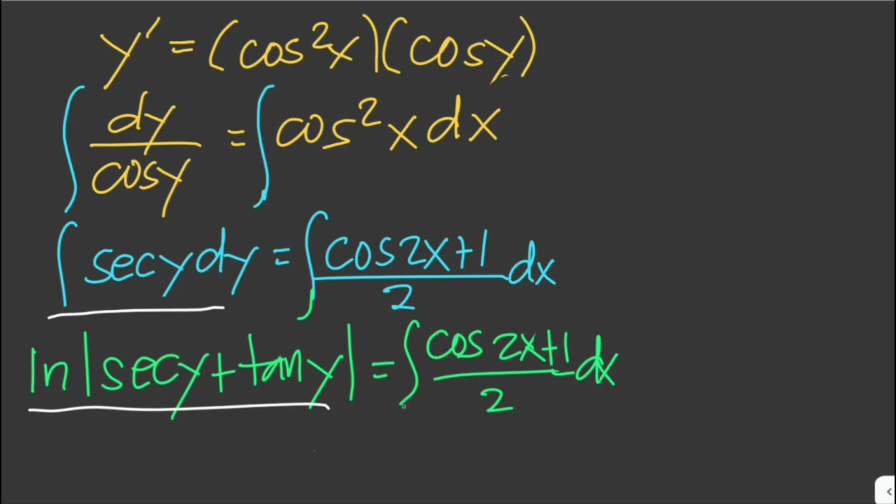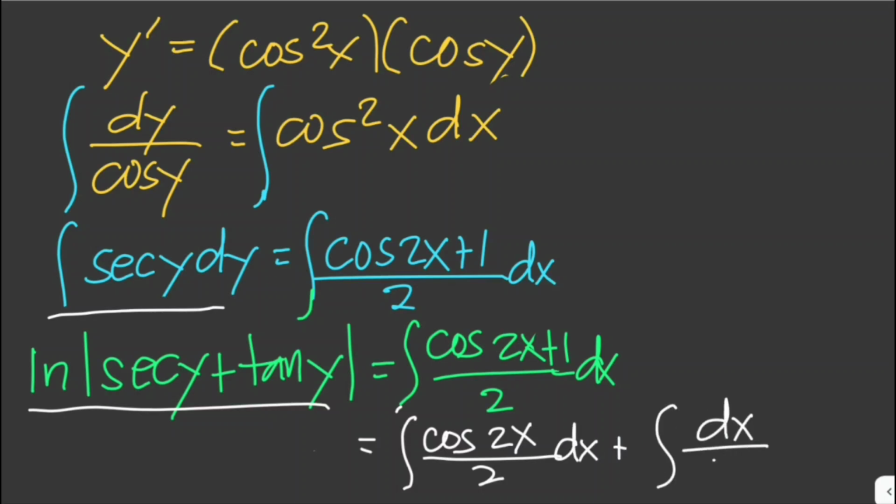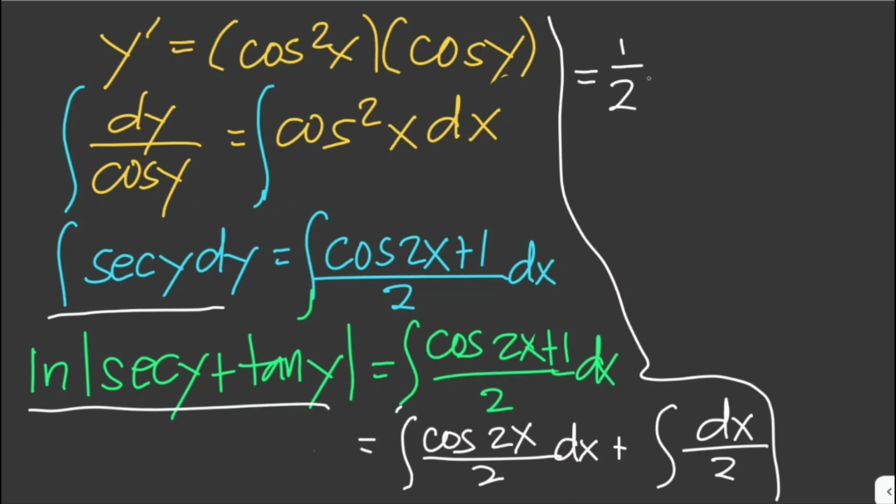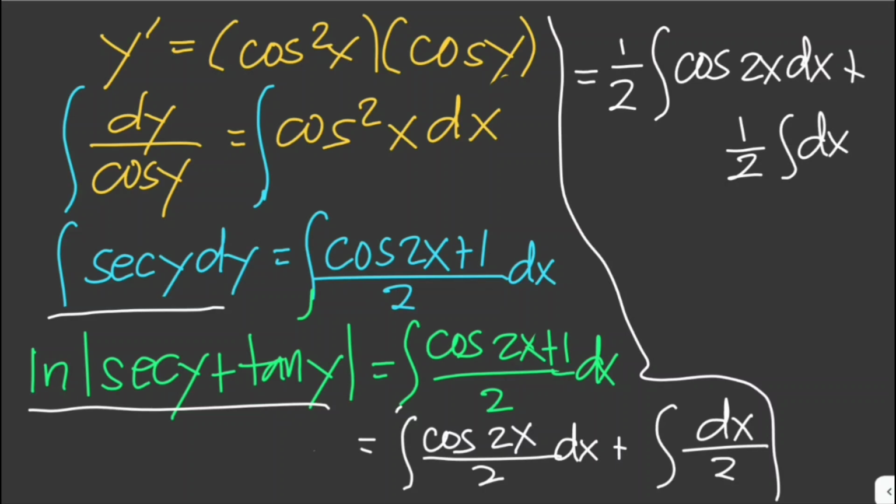And now let's work on the expression on the right side. We can rewrite this as the integral of cosine 2x over 2 dx, so we can split that, plus the integral of dx over 2. Since 1/2 is a constant, we can just factor that out. So this would become 1/2 the integral of cosine 2x dx plus 1/2 the integral of dx.